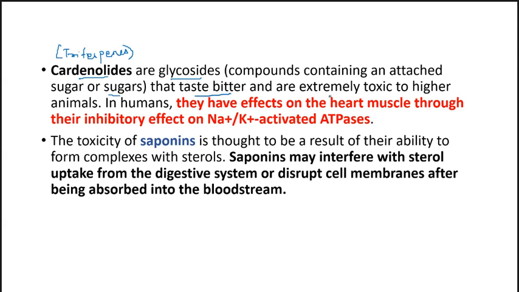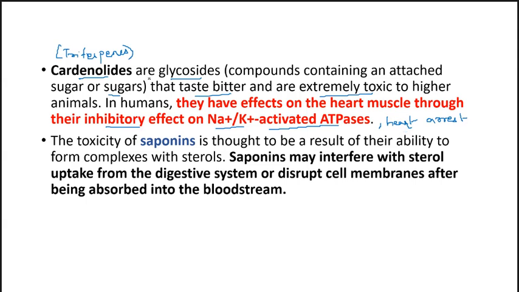When they are taken in by herbivores, what happens? They cause heart arrest. They affect the heart muscle through their inhibitory effect on sodium potassium activated ATPases, because of which they can lead to heart arrest.